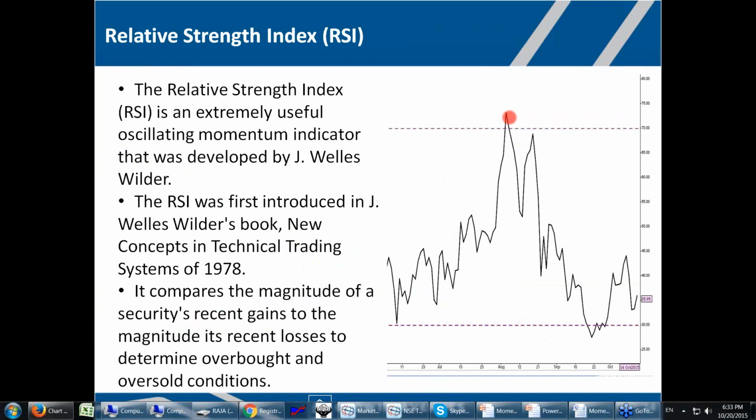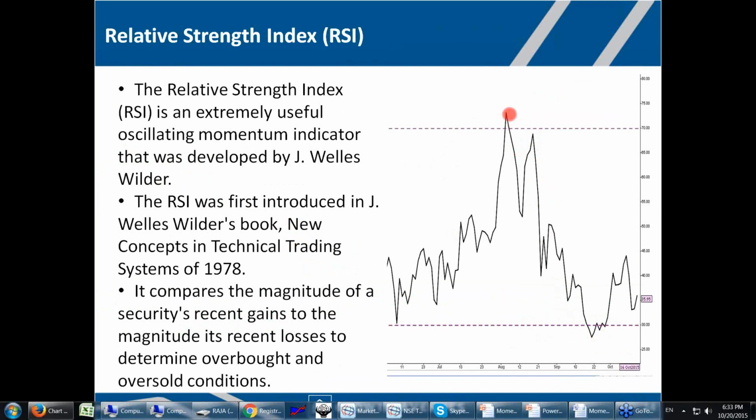In the same way, by oversold we mean the sharp decline in prices which would now come to rest and it would opt for a reversal.